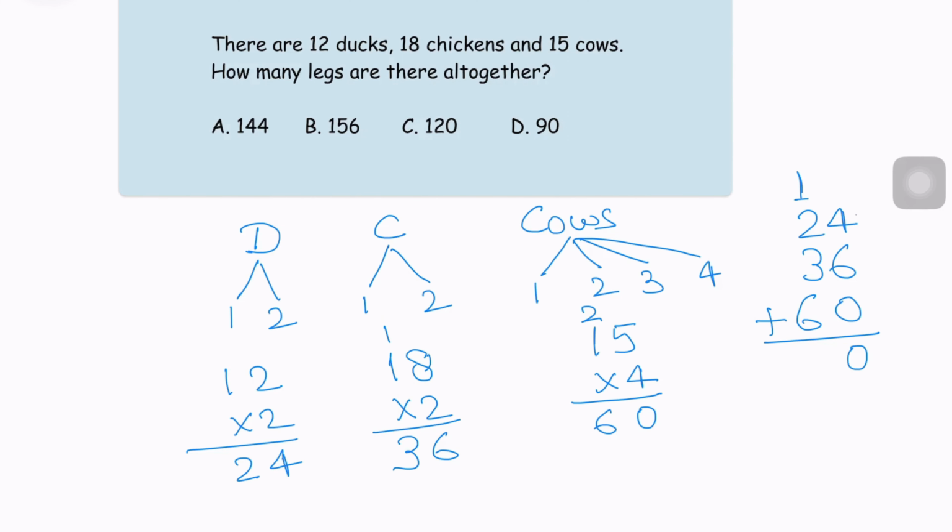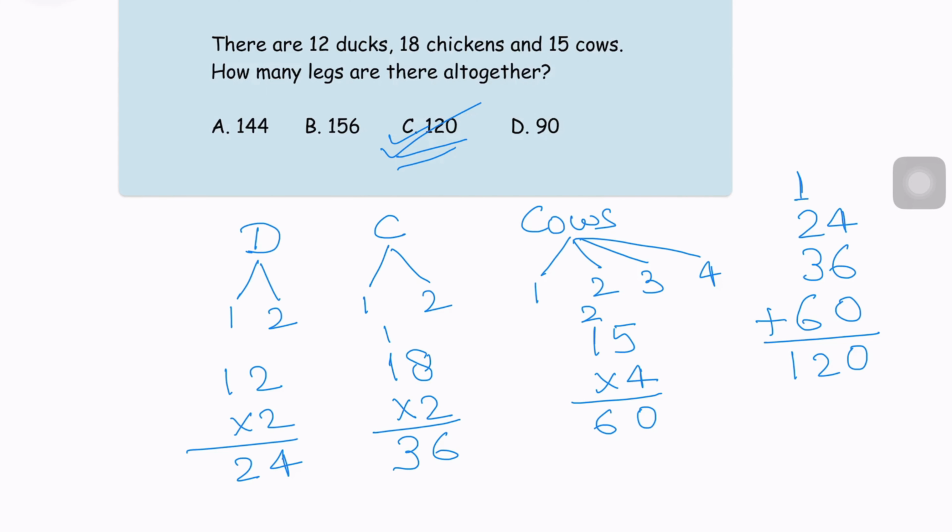So 4 plus 6 is 10. 10 plus 0 is 10. 0, 1 carry forward. 2 plus 3 is 5. 5 plus 6 is 11. And plus 1 carry forward is 12. 120. So the answer is option number C, 120.